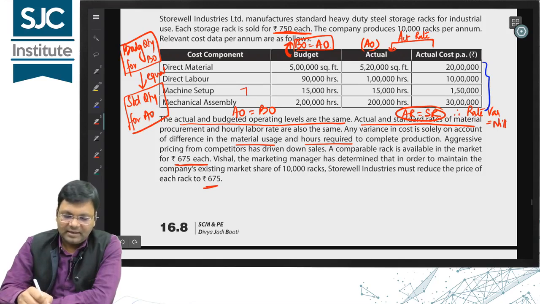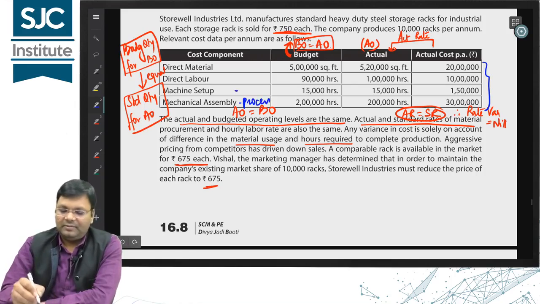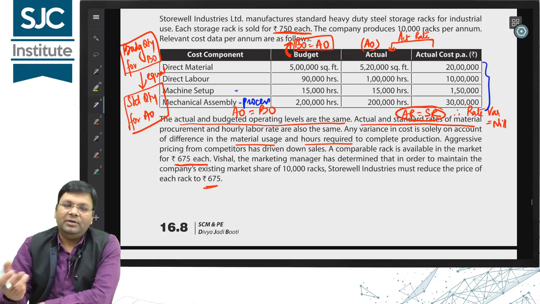If you see clearly, there are only two activities here. So out of this, which is non-value adding? See, assembly is a part of process. Without assembly, your product won't exist. But setup is something that you are doing in order to make the process ready for production.